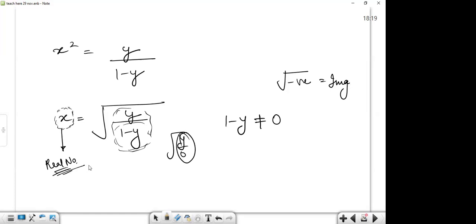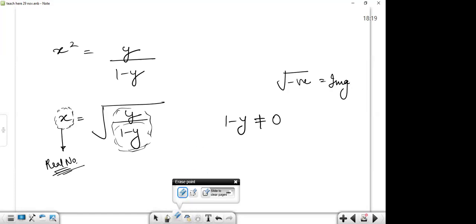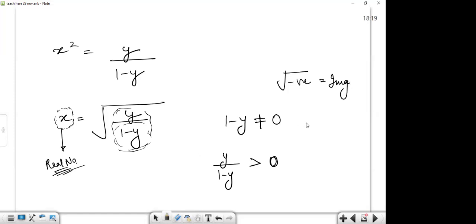But x is a real number, so we have to avoid two conditions: this term y upon 1 minus y must not be negative, it has to be positive, and y cannot be equal to 1.